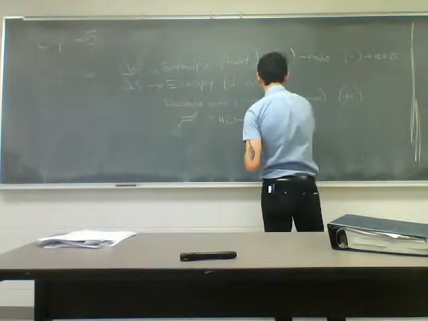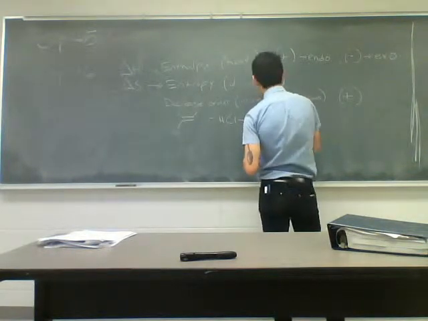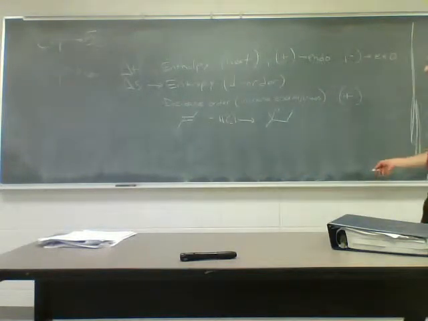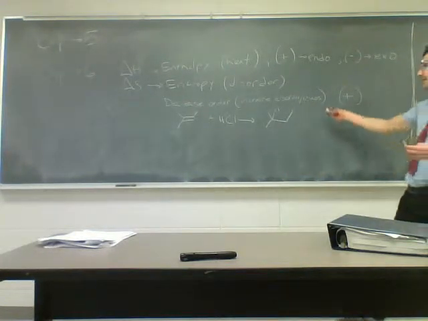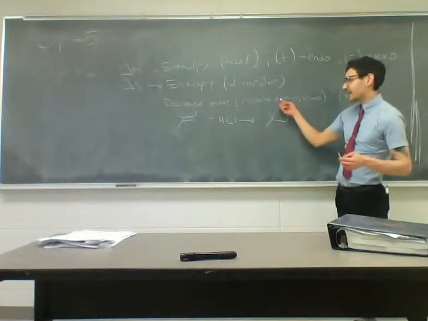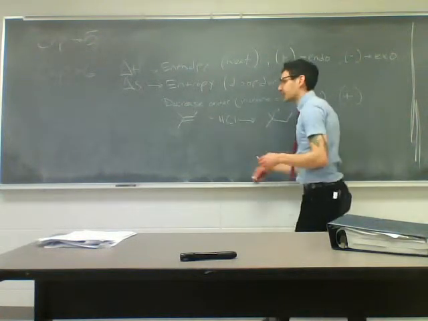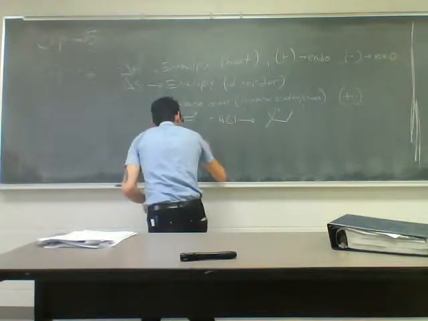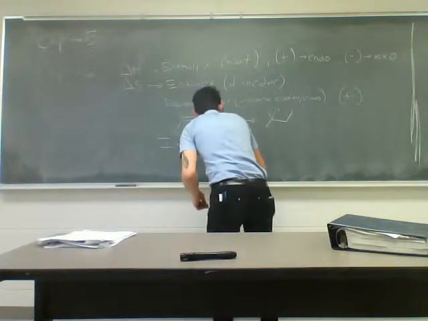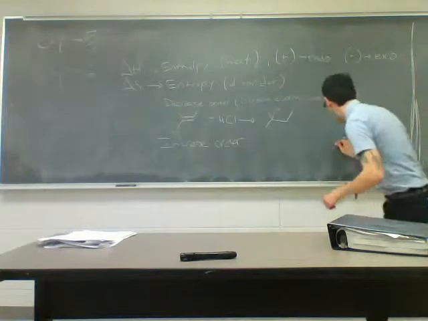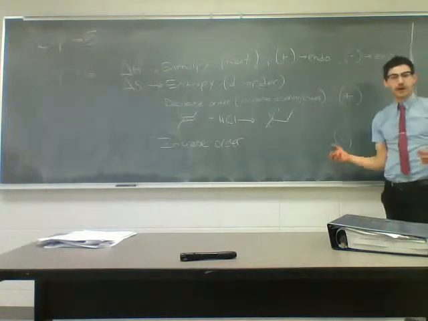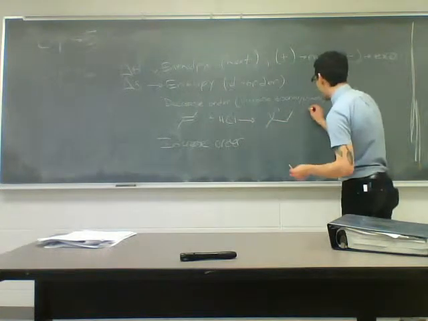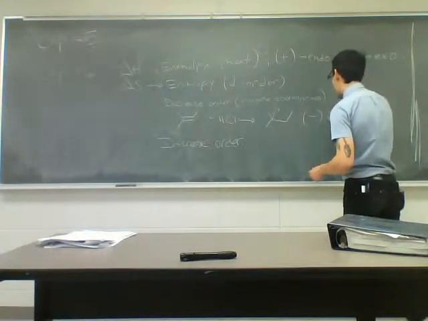This gives us, according to the more substituted, this product. Here we would have the opposite. We have increased order. We've taken two molecules and added them together to make one. So we're building things. We're making things more complicated. We're increasing order in this reaction. So this reaction would have a negative delta S.